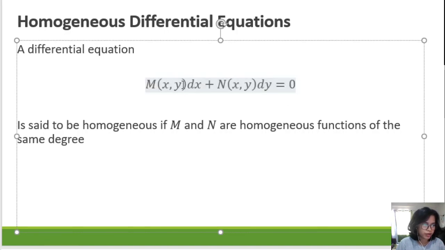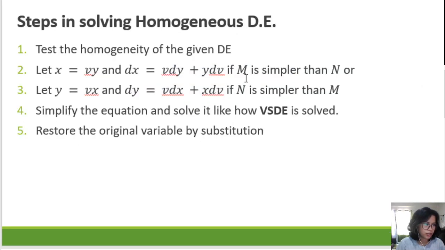The function that is put beside dx is our M function, and the function that is put beside dy is the N function. You have to compare these functions M and N. Going back to the steps, if M is simpler than N, then you let x be equal to vy.